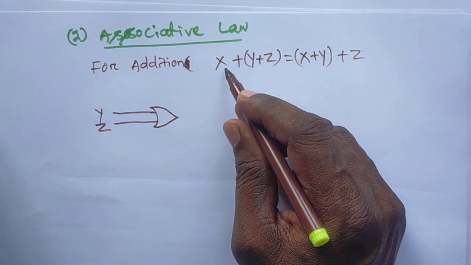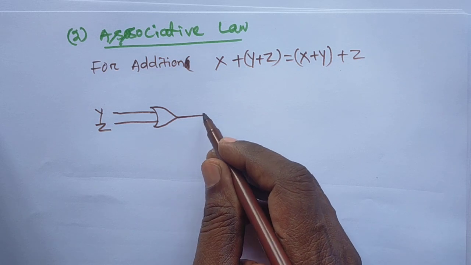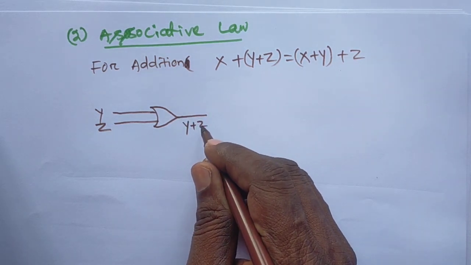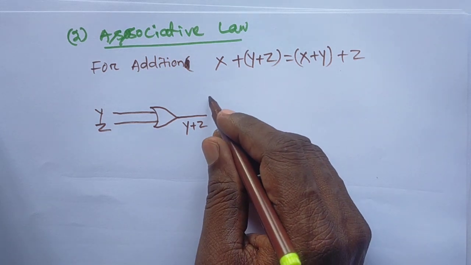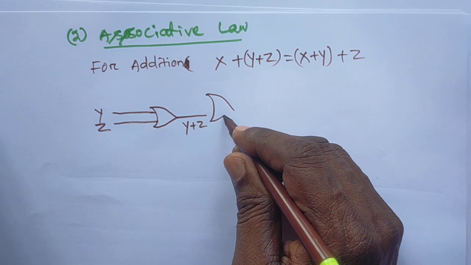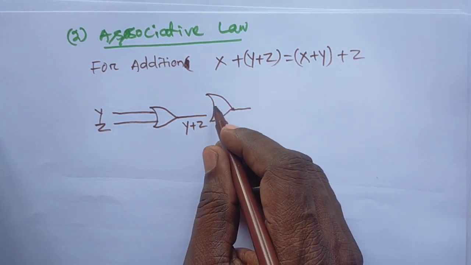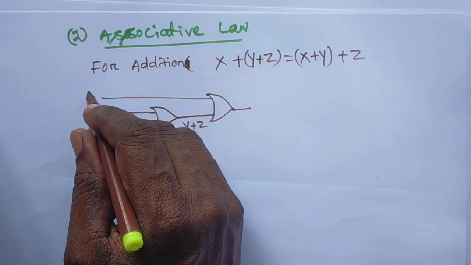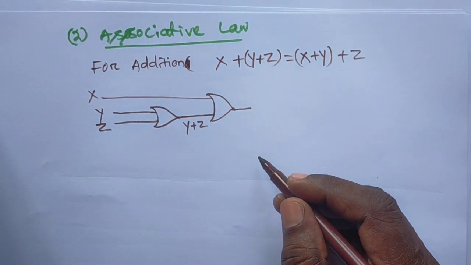After that, add with x. The value here is y plus z, which is considered with another OR gate, with one input this value and another input x.